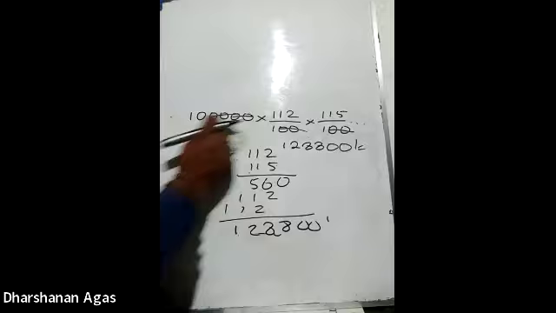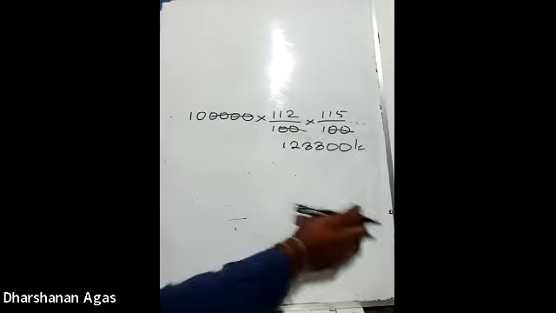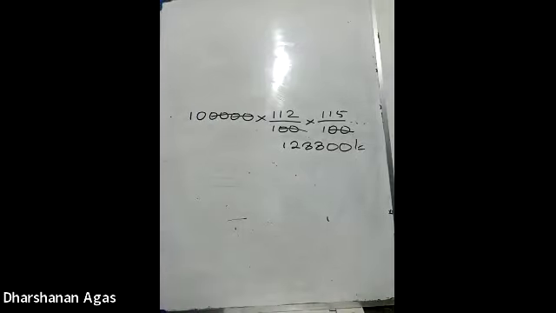Your answer is what then? What is the amount in his bank account at the end of the 2 years? 128,800. Is that clear? What is the amount deposited? 100,000. How much is he getting additionally?